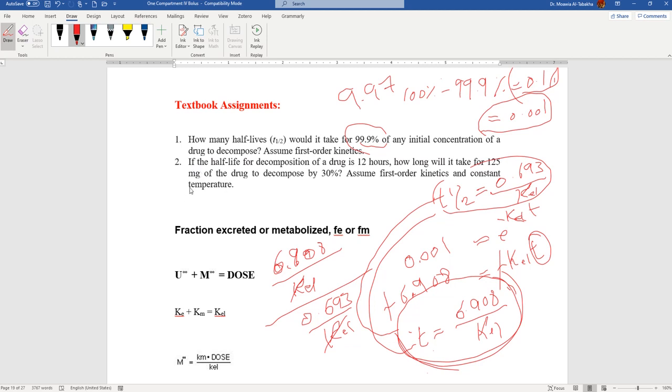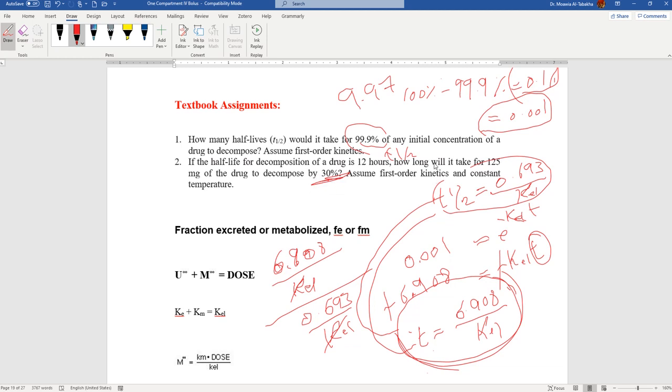Let's talk about the second question here. If the half-life for a decomposition of a drug is 12 hours, إذا أعطانا هون half-life T half, how long will it take for 125 milligram of drug to decompose by 30%?